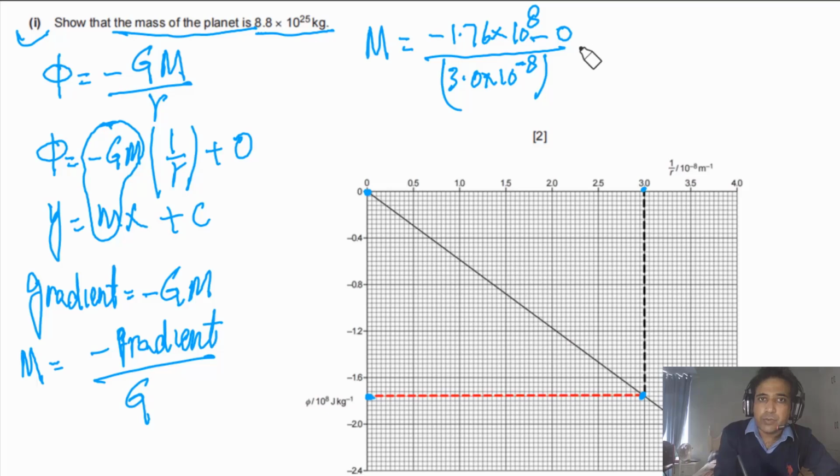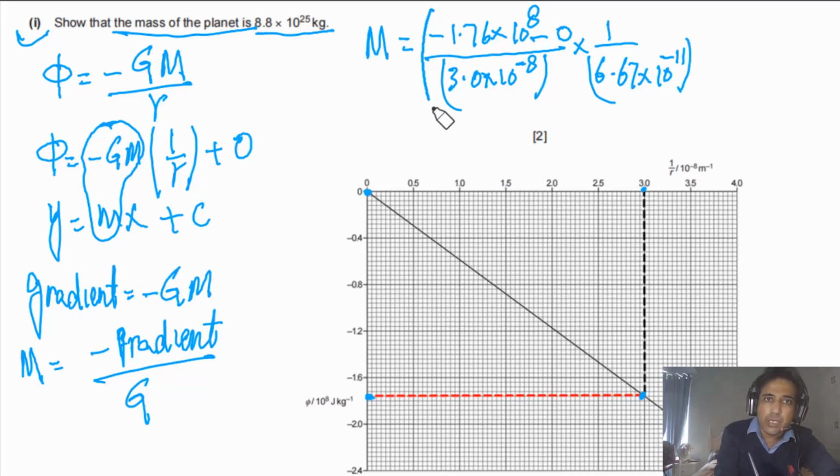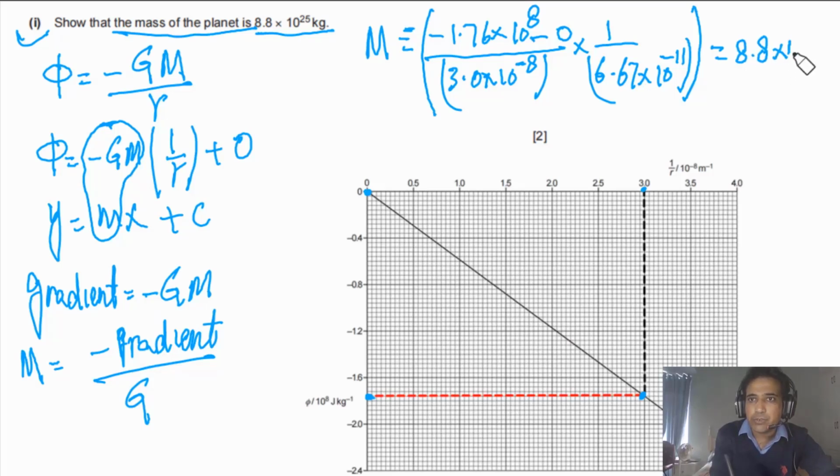We also need to divide by the value of G, that is 6.67 times 10 to the minus 11, and this whole has to be multiplied by minus. If we solve, we get our answer, about 8.8 times 10 to the 25 kg to 2 sf. This is our final answer.